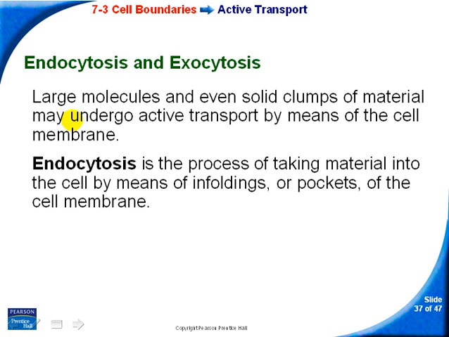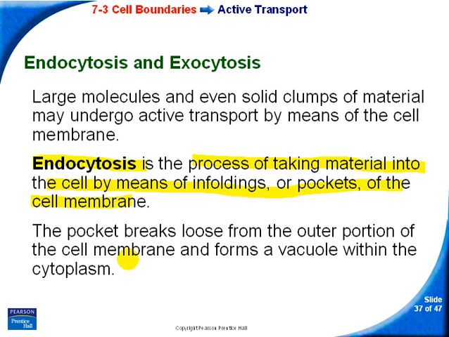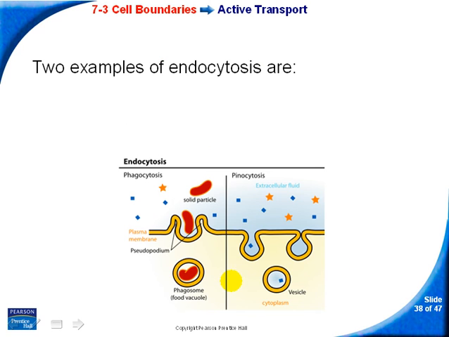Now if we want to move large molecules, we have to use a different process. One of the processes for moving something in is endocytosis, the process of taking material into the cell by means of infolding or pockets of the cell membrane. Then, once it gets into the cell, you're forming a vacuole within the cytoplasm.